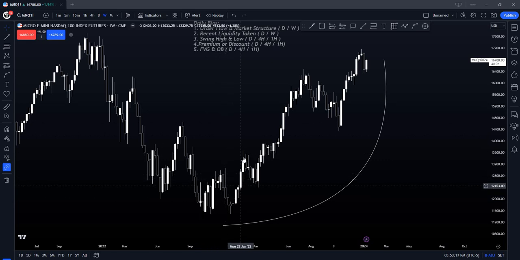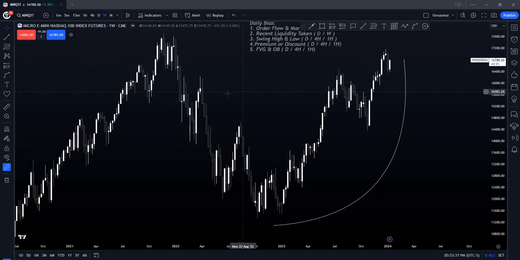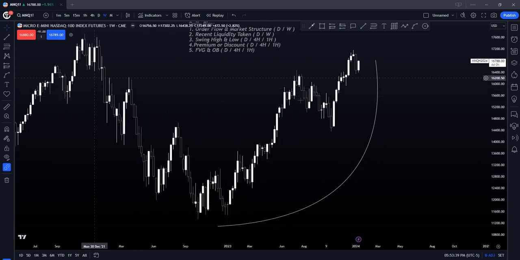So you see when it comes up to here and taps this white candle, it rejects lower, right? But then when it comes back higher, all the way to maybe around this candle, including the wick, we are respecting the white candle.